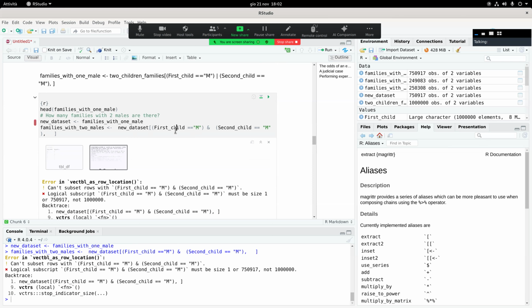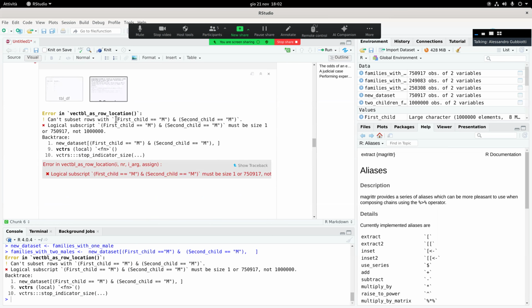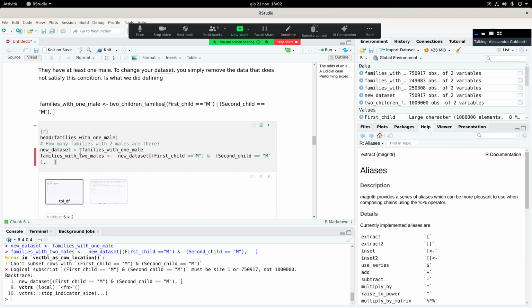Well, at the end of the day, let's see, let's avoid this. I don't understand though why it's different from before. It's exactly the same.